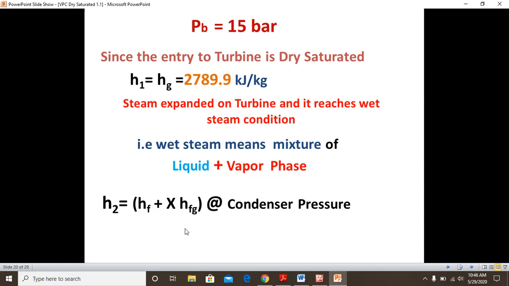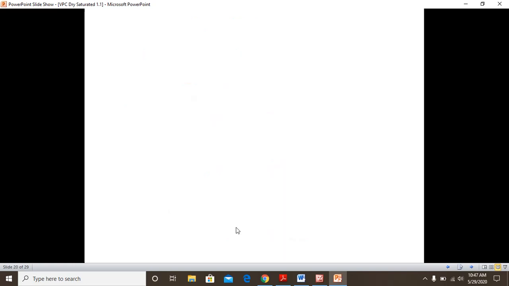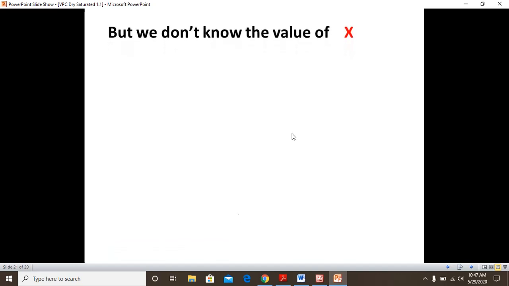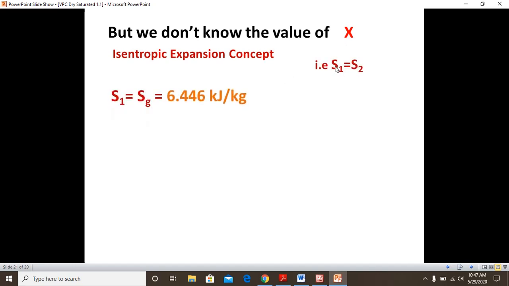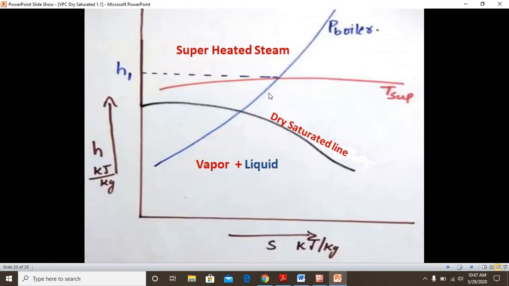You put in all the values from the table at condenser pressure for Hf and Hfg, but you don't know the value of x. Therefore you want to find the value of x by using the isentropic expansion concept, where your entropy S1 is equal to S2. See here.